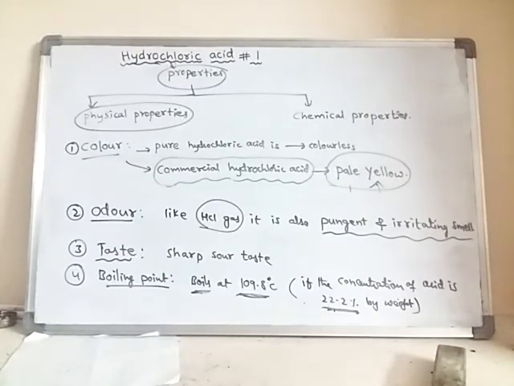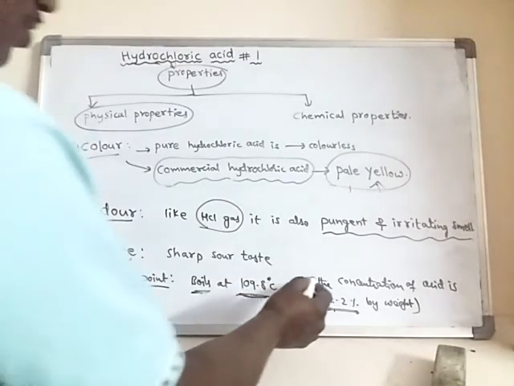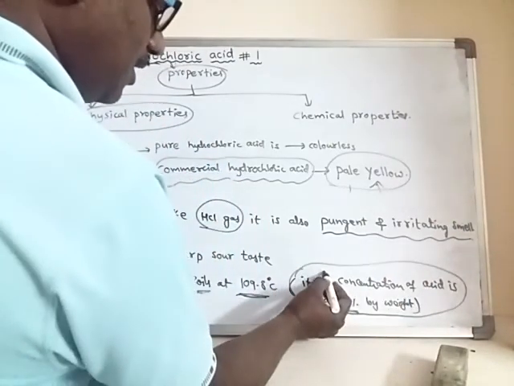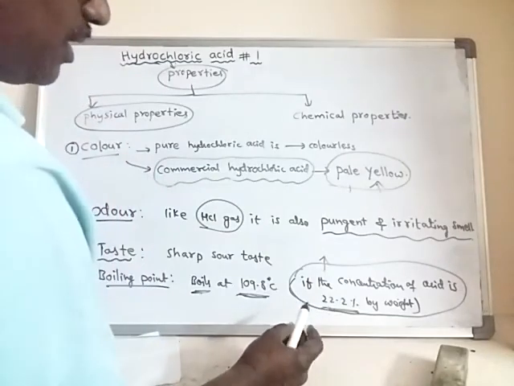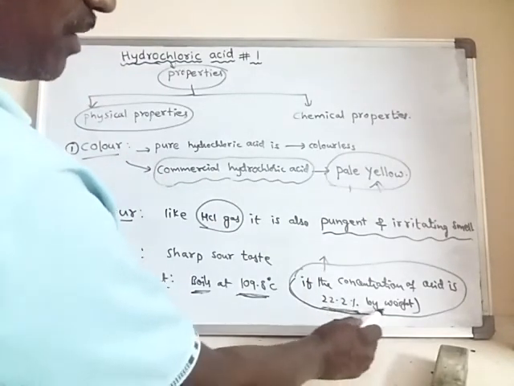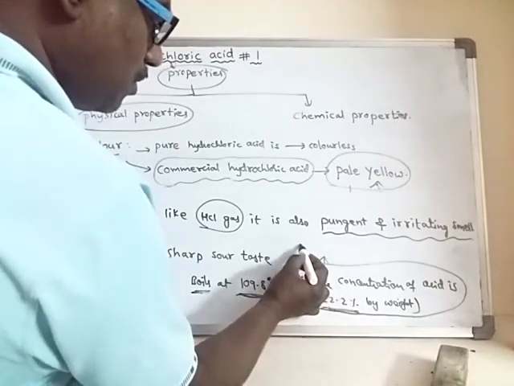The hydrochloric acid with 22.2% concentration is said to form a constant boiling mixture with water.